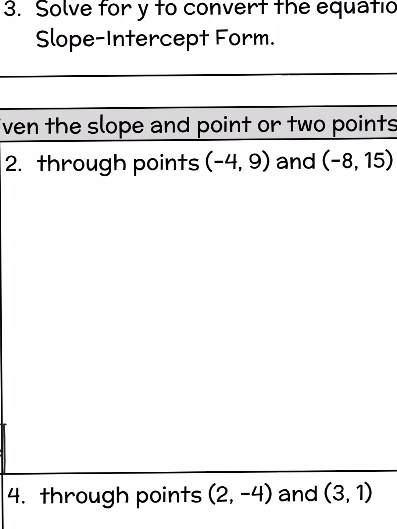So given my 2 points, I'm going to call this x1, y1, because that's point number 1. And I'm going to call this x2, y2, because that's point number 2.